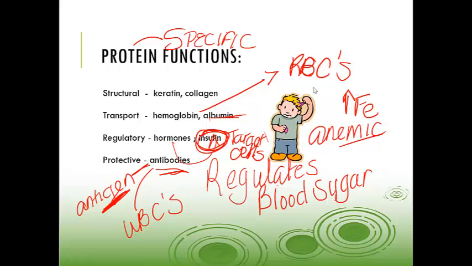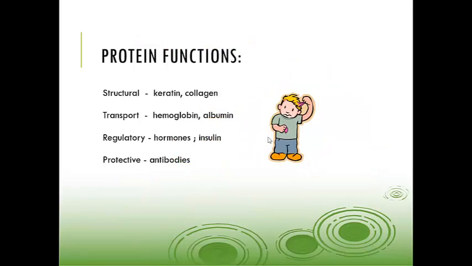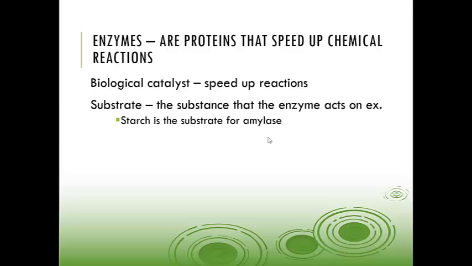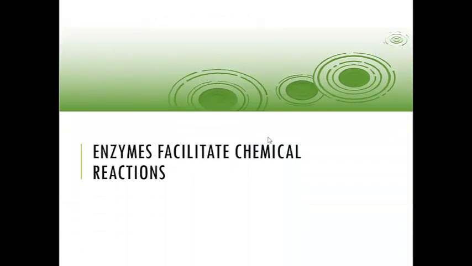We've also talked a little bit about enzymes, and we will talk more about that on this slide. So enzymes are also proteins that speed up chemical reactions. They're also known as a biological catalyst. They work on a substrate to either break large particles down, or make smaller particles into larger particles.